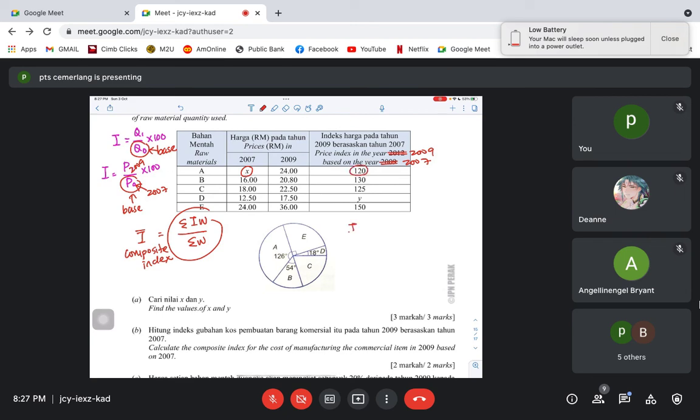Jadi, price index kamu adalah price of 2009 over price of 2007 multiply by 100. Like that kan? You punya formula. Jadi, senang saja. You just put this one as 120 equals to. So, the price of 2009 is given 24 ringgit. So, 24 over x and then multiply by 100.